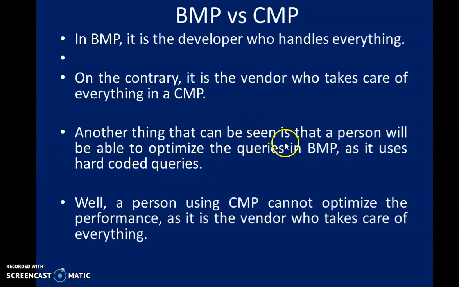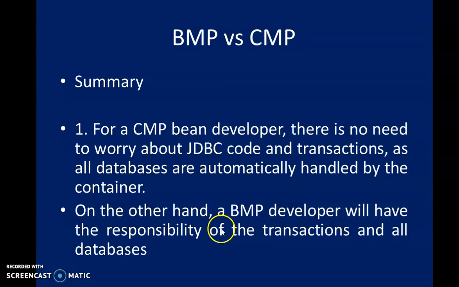The person will be able to optimize the queries in BMP. The developer is responsible and has to optimize the queries and everything, and it is very hard for the developers to handle all these things. A person using CMP cannot optimize the performance, as the vendor takes care of everything.